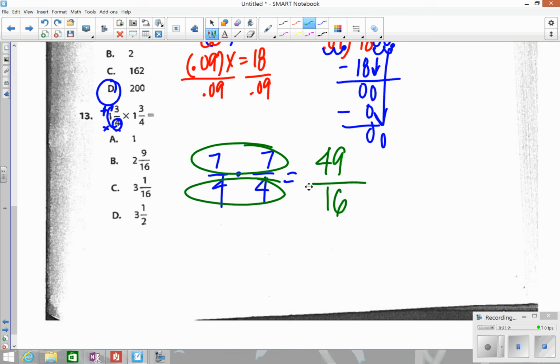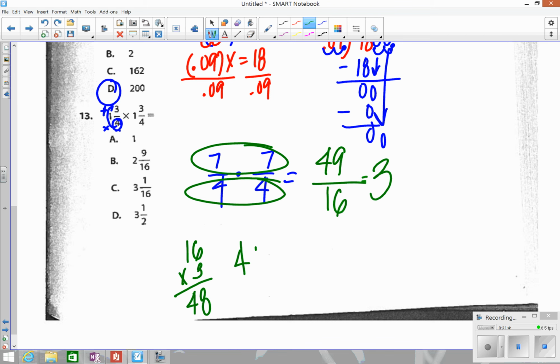So to convert this back to a mixed number, you have to figure out how many groups of 16 go into 49. So 2 groups would be 32, so I can actually fit 3 groups of 16. So there's going to be 3 groups of 16, and then the question is how many is left over. 16 times 3 is 48.